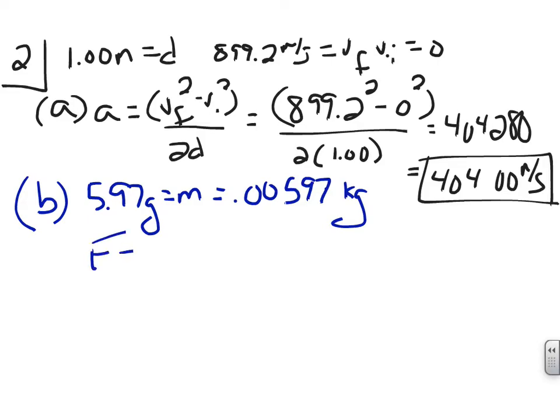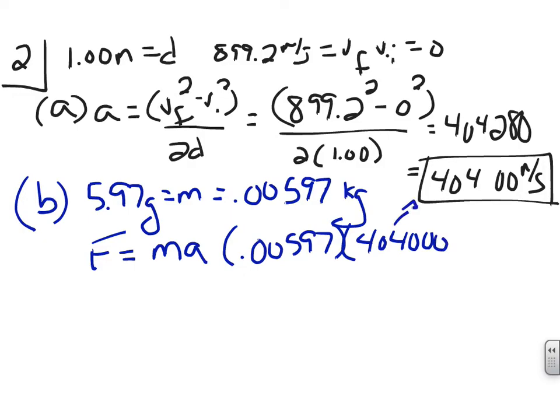So all we're going to have to do is say, what is the force? Well, F equals ma. So my F is 0.00597 times the A, which is the 404,000 that we just got from right there.